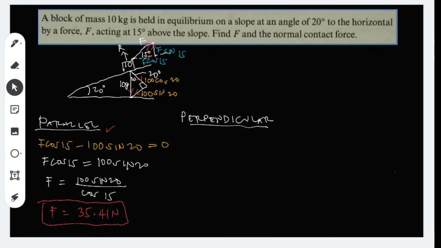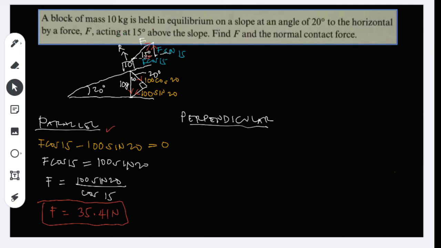Here, the one that is perpendicular is this component. This is going upwards. And then the other one, this one, is perpendicular also. And lastly, we're going to consider the R.